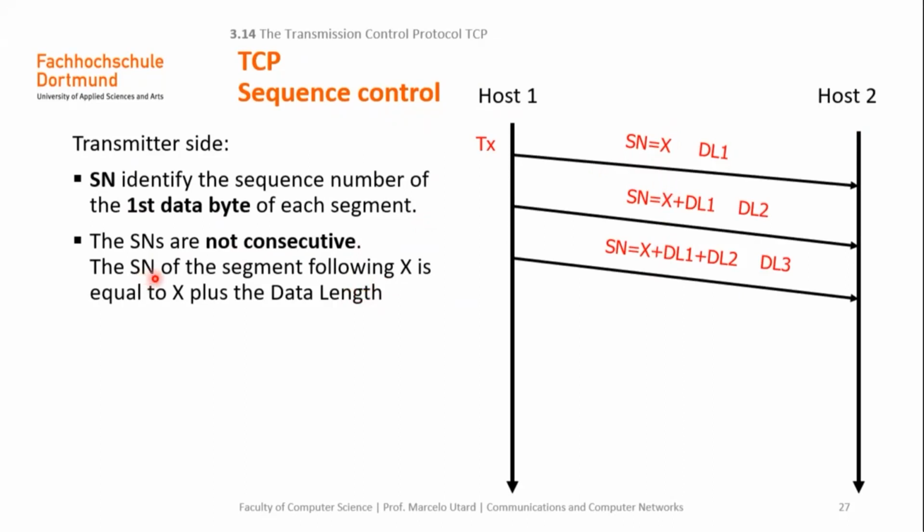Then the sequence number of the segment following x is equal to x plus the data length. That is, the next segment following this one is the segment number x plus this data length. Remember this detail.